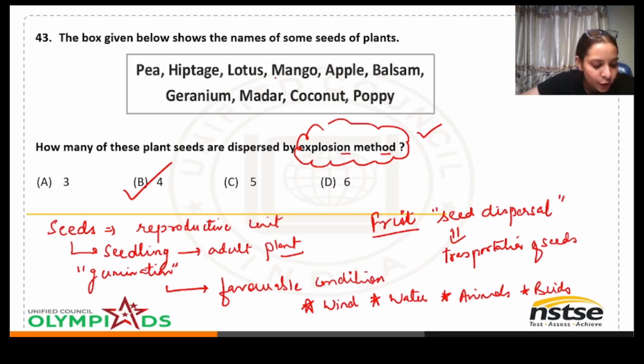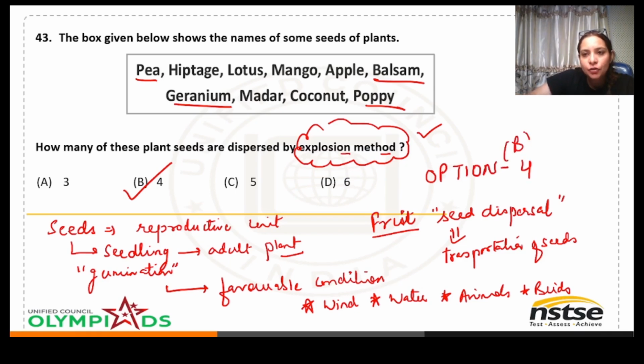Now let me tell you which they are: pea, balsam, then you have poppy, and you have geranium. So these are the four seeds of the plants which are dispersed by explosion method, that is bursting method. Therefore, the correct solution to this question is option B, which has 4 in it.